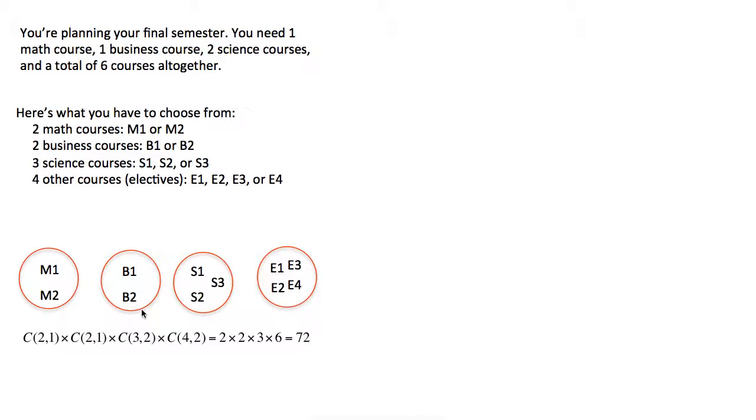So let's next count the number of ways to pick one of the 2 business courses. Then move over to the science courses. We have to take at least 2 science courses. So let's count the ways we can choose the 2 science courses we're going to take, choosing 2 from the 3. And then after that, we've chosen our required courses.